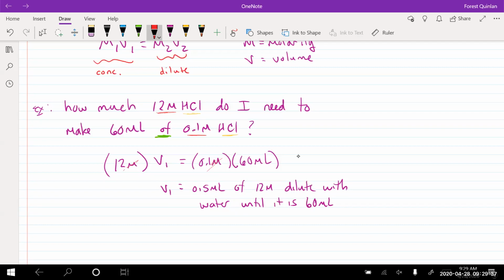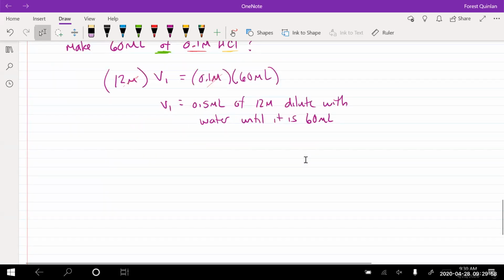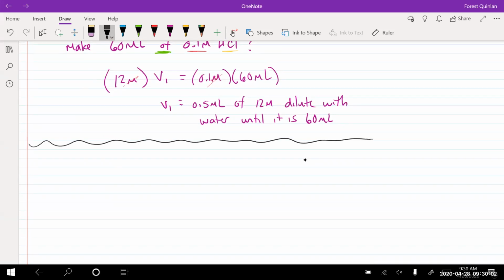So no matter what volumes you use, I don't care if you use ounces, I don't care if you use barrels, it will all come out in the end. Now, at this point, that's as hard as these get, so that's the only example I'm going to do for dilutions. So hopefully that's some easy money on the exam.